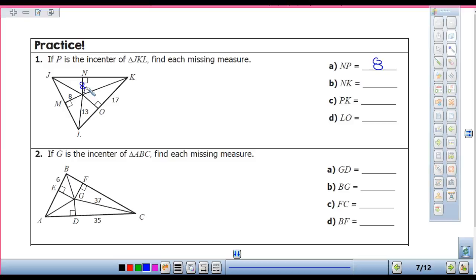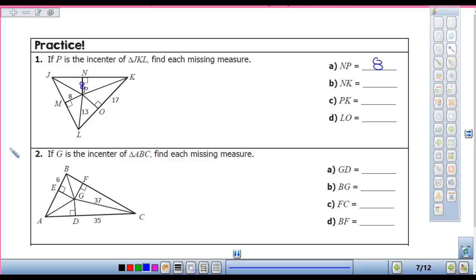Alright, so now one's NK. How can I find NK? So I have 8 up here. This hypotenuse is 13. I don't know what that hypotenuse is.